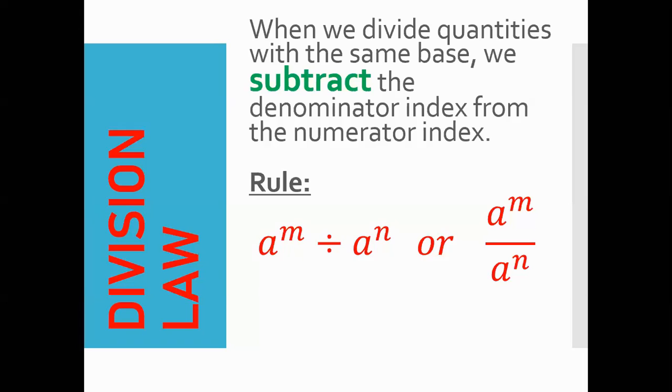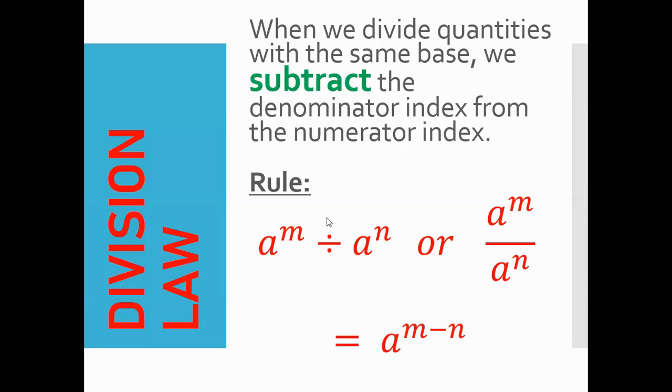So in this case, we have words like denominator and numerator because we know that writing fractions can also represent division. So for the division law, sometimes it may come in the form with the division symbol, or sometimes it may be written as a fraction.